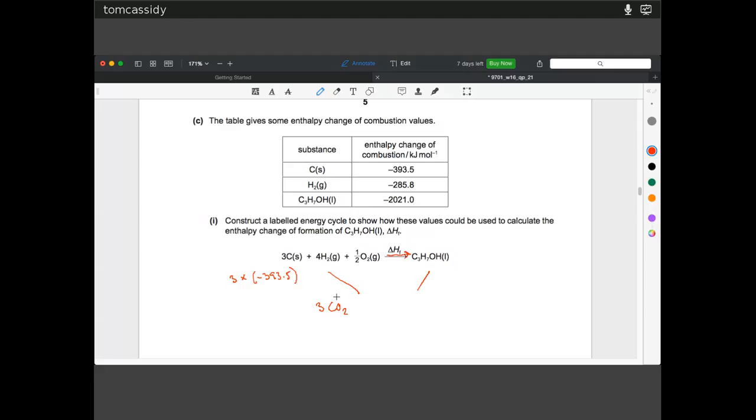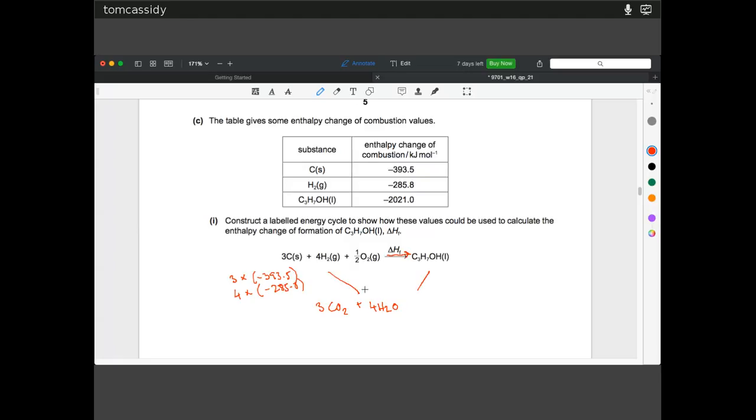Okay, so we've done the carbon dioxide, and then we're combusting the hydrogen. And when we combust hydrogen, then we get 4 lots of water. Yes? And because, again, the enthalpy of combustion of hydrogen is for 1 mole of hydrogen, here you can see we've got 4 moles of hydrogen. So we've got to have 4 times minus 285.8. Okay? And that gives us all of this.